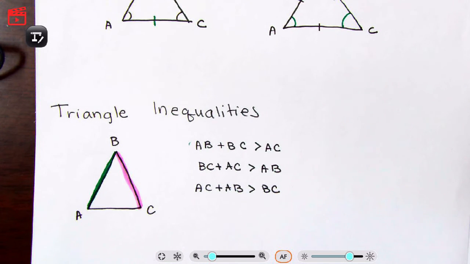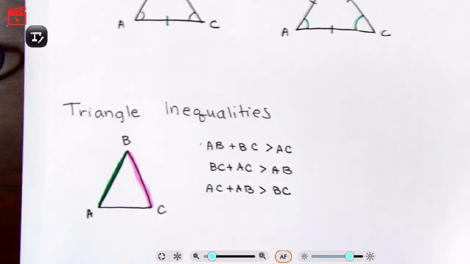And you do that for all three options for all three sides. If any of them are equal or if any of them are less than your third side, then it fails and you cannot form a triangle.